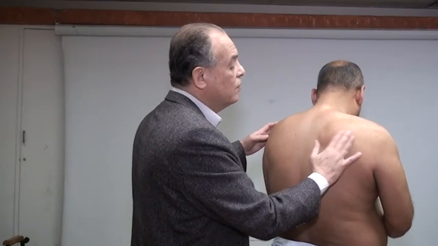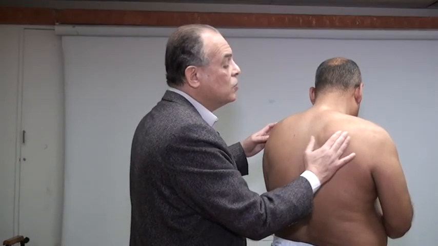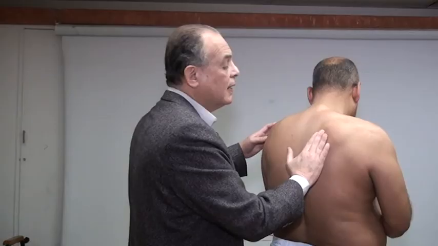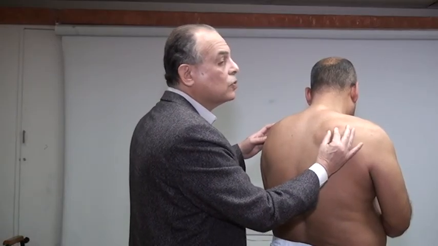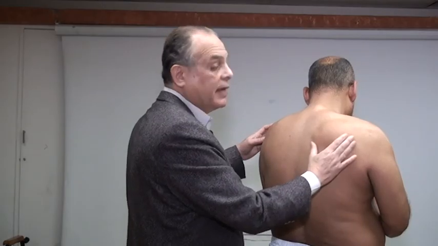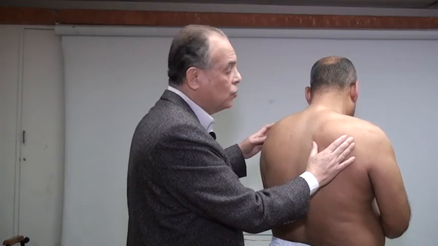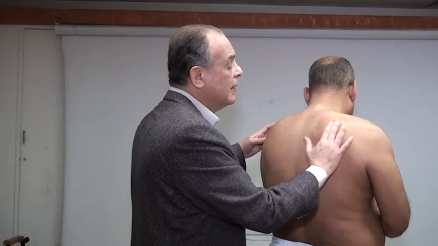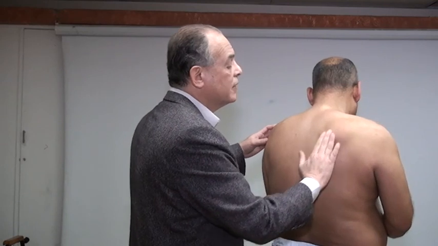If I glide it over the swelling like that and a dimple appears and the swelling is pulled with me during gliding it, or when I am pinching it, it is drawn with me up, then in this case it is attached to the skin. Here I can glide it, as you can see, glide the skin over it.